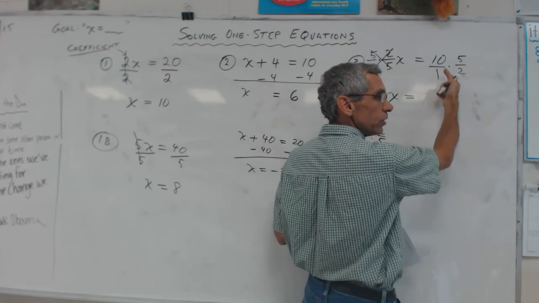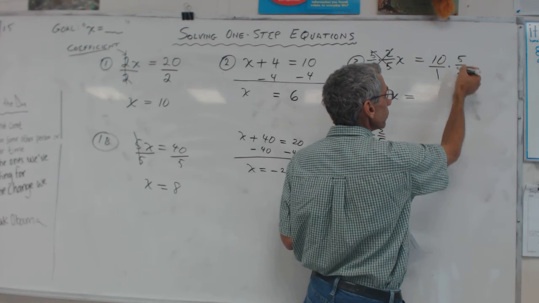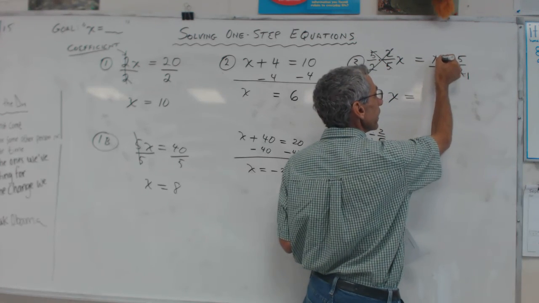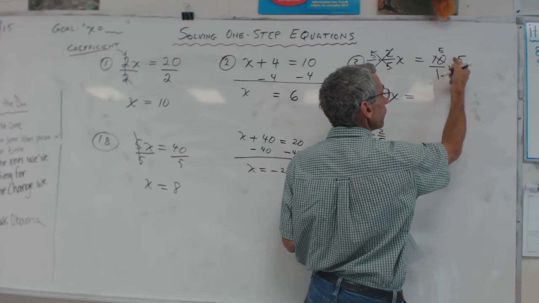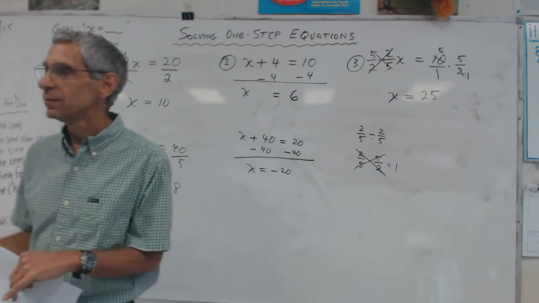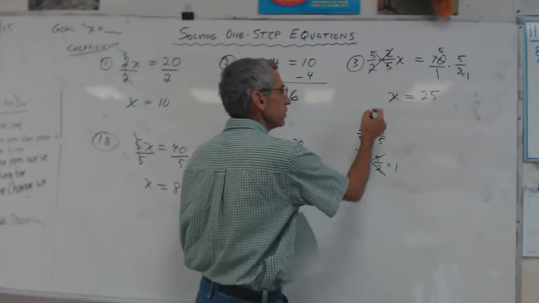Can I cross upstairs, downstairs, reduce? Yes. So 2 goes into 2 and 10. 2 goes into 2 how many times? Once. 2 goes into 10 how many times? 5. 5 times 5 is 25. There's our answer. So x is equal to 25.